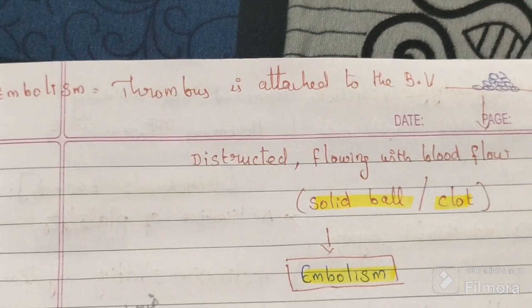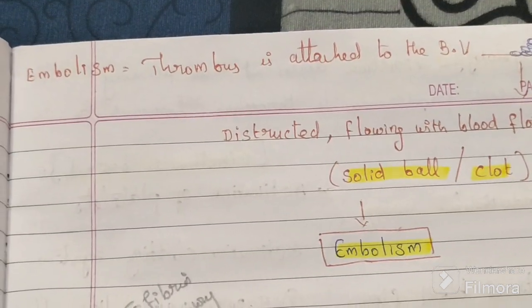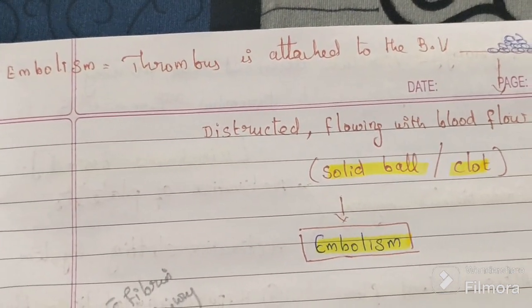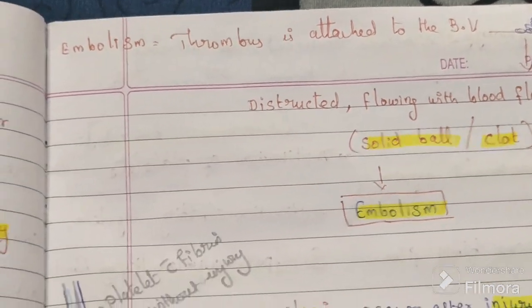So what is next? What is embolism? The thrombus is attached to the blood vessel.